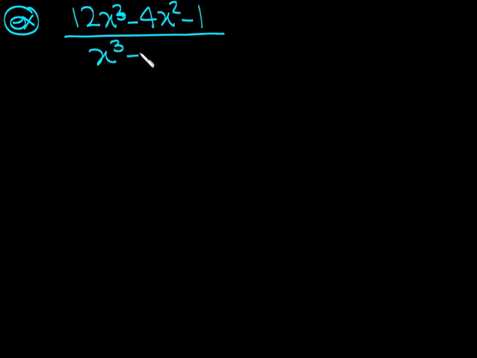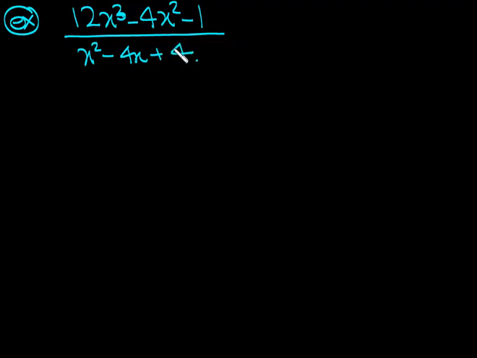Okay, so let's say I have 12x cubed minus 4x squared minus 1 divided by x squared minus 4x plus 4.